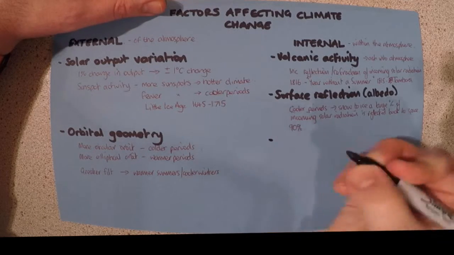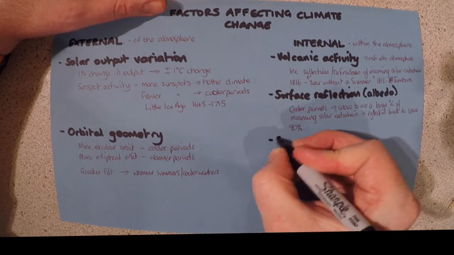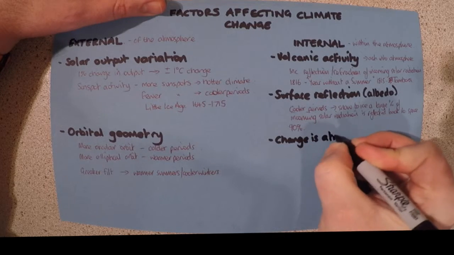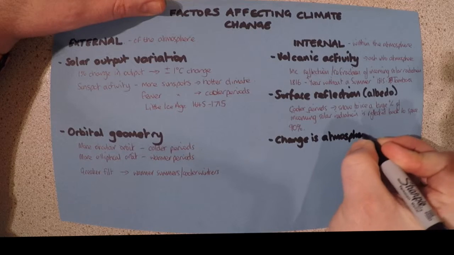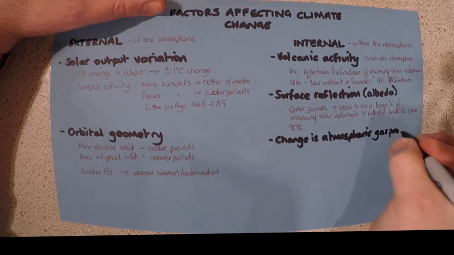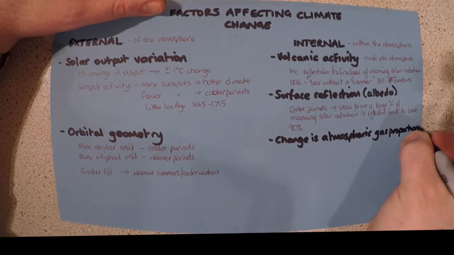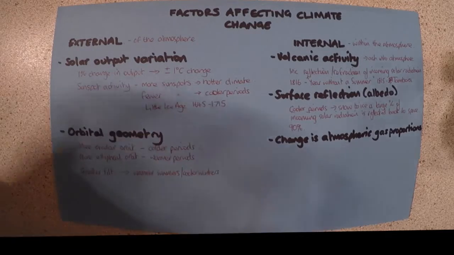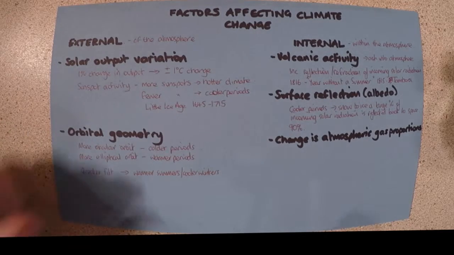Right, the third internal factor is the change in atmospheric gas proportions. As I'm sure you know from your science classes, the air that surrounds our atmosphere is not just oxygen. There's a cocktail of gases in there.